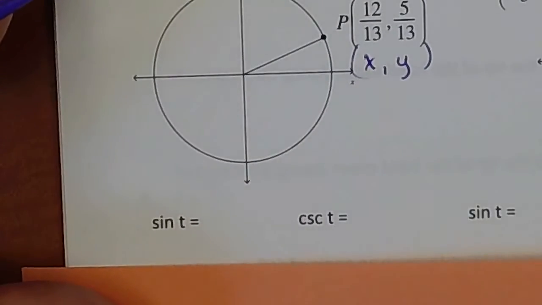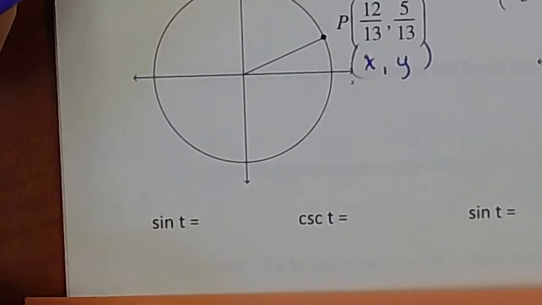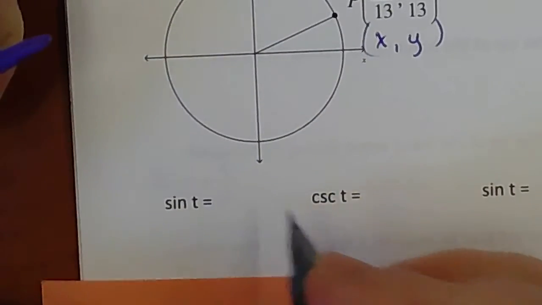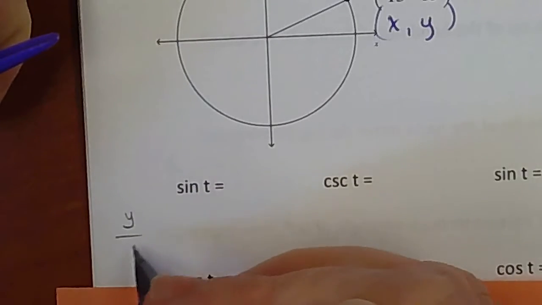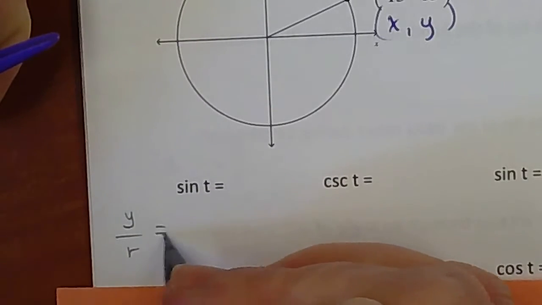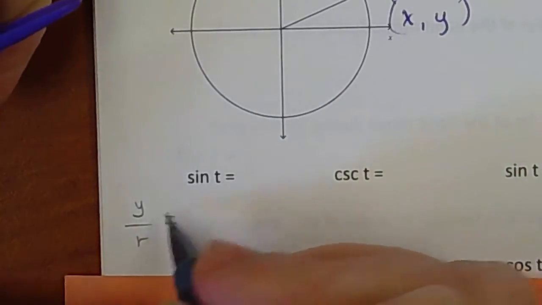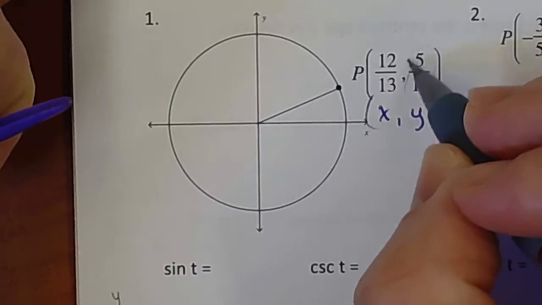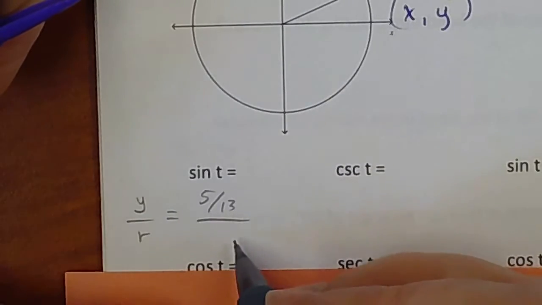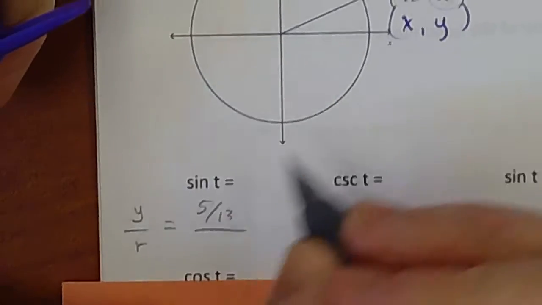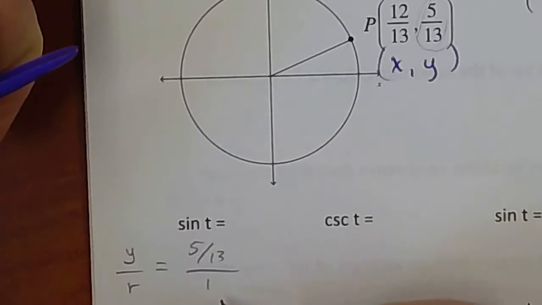So sine of angle t, remember sine is y over r. I'm going to try to leave space for the answer there. Sine is y over r. So what's the y value? The y value is 5/13. So I say 5/13 divided by r. And the radius, since it's the unit circle, is 1.